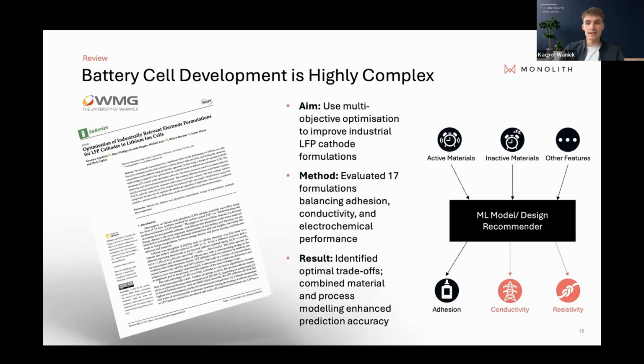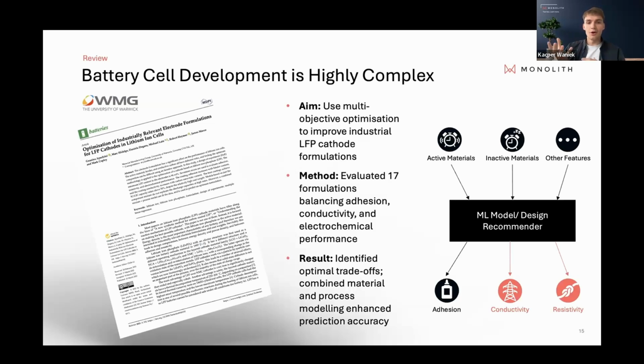The researchers set out to optimize lithium iron phosphate, LFP, cathodes by adjusting multiple variables, things such as the amount of binder, the conductive additives, and processing parameters, and observed how these changes influenced properties like adhesion, resistivity, and electrochemical performance. What makes this problem really interesting and really difficult is that it's a multi-objective optimization problem.